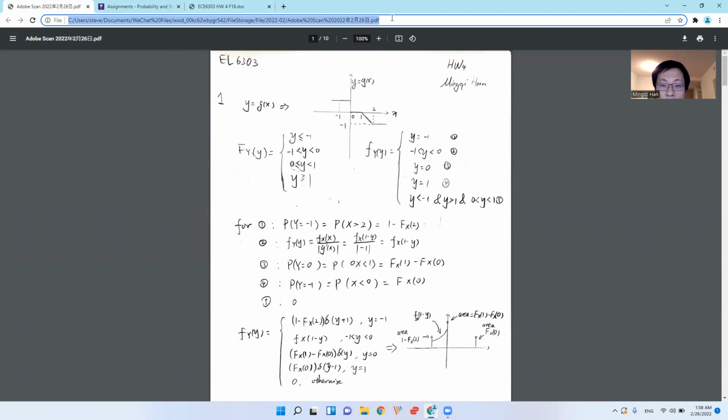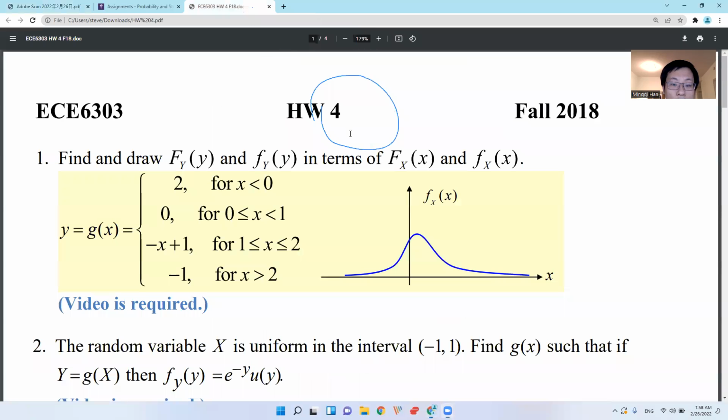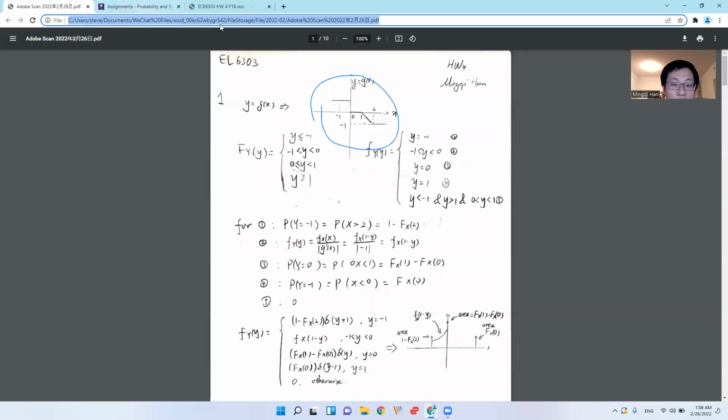Then this is the plot for what we have here. And if we really need to find the probability density function of y, we need the range and the respective values.